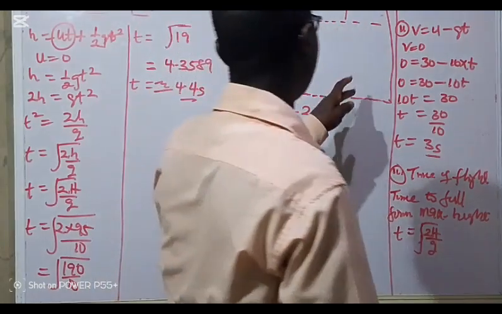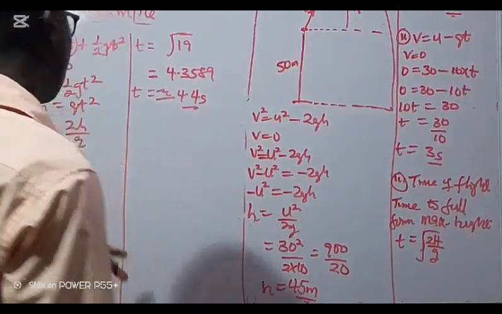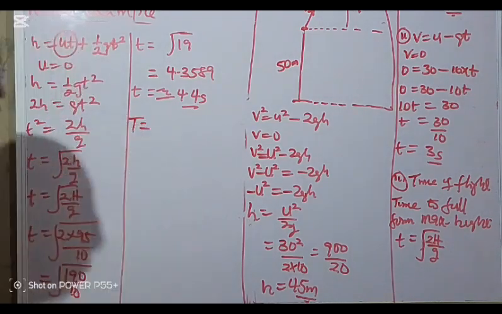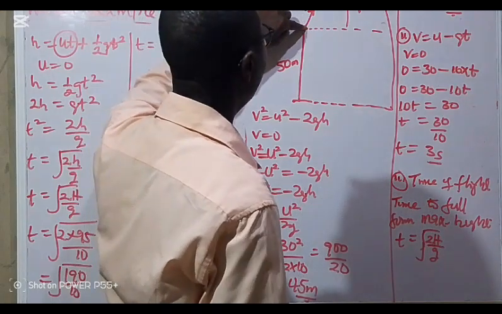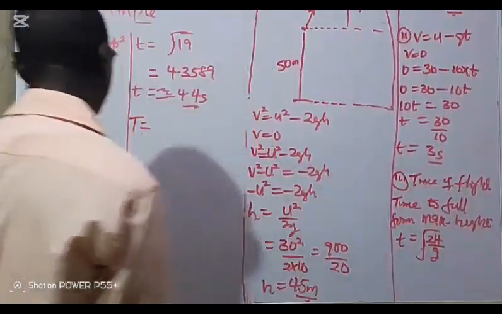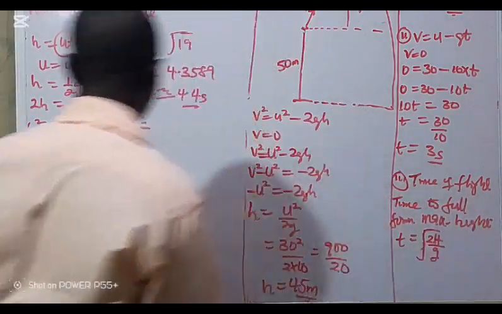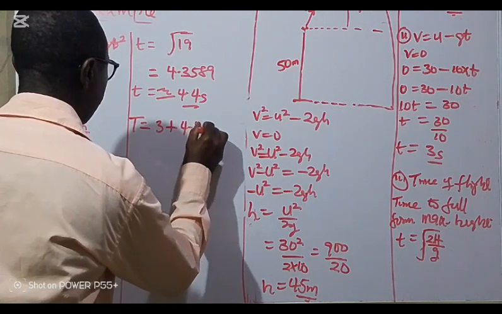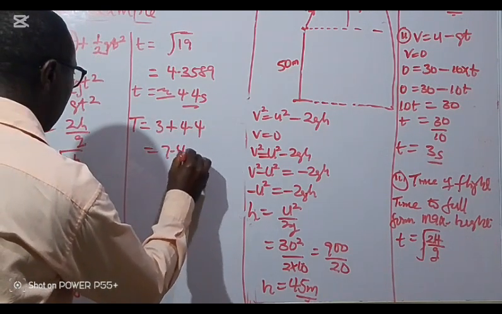Now, time of flight will be equal to the time to reach maximum height from the top of the tower, which is 3 seconds, plus the time to fall from maximum height to the ground. That is 3 plus 4.4, which gives 7.4 seconds. You can now see the difference.